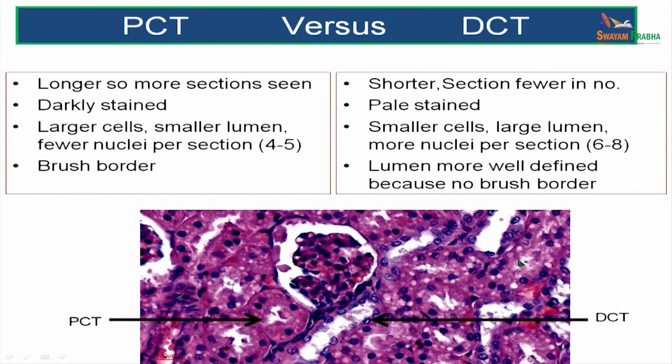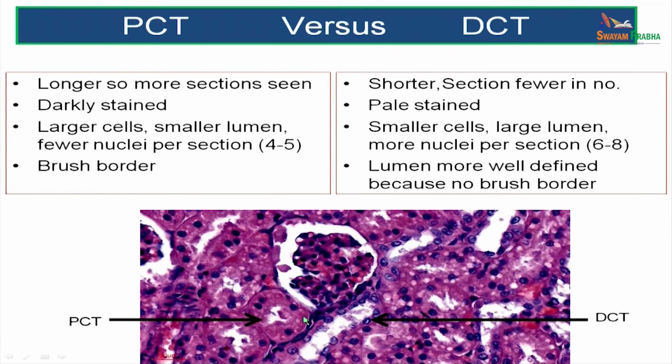The DCT is under the influence of antidiuretic hormone and aldosterone. This is very, very important. DCT is under the control of ADH and aldosterone, and so it selectively reabsorbs sodium and excretes potassium. Having read about PCT and DCT, let us state the differences between PCT and DCT as a summary.